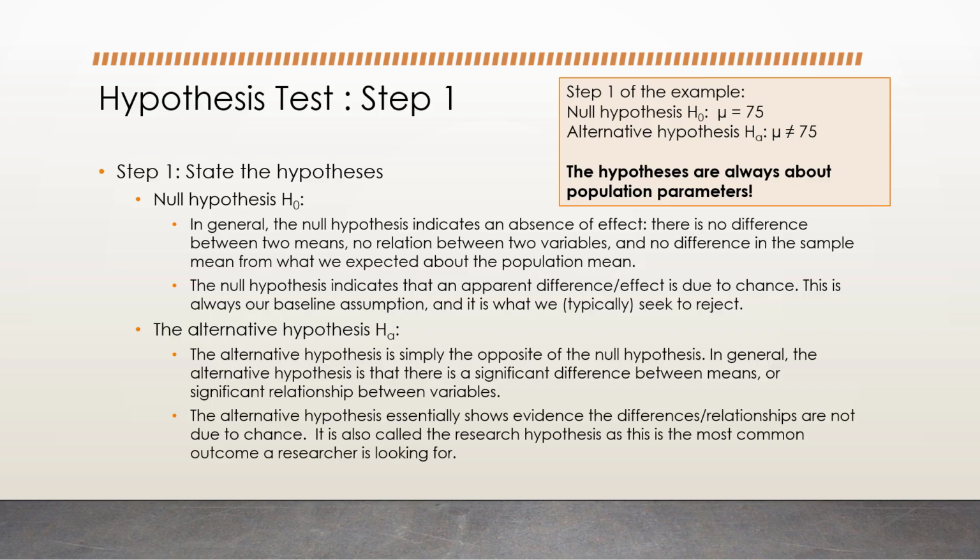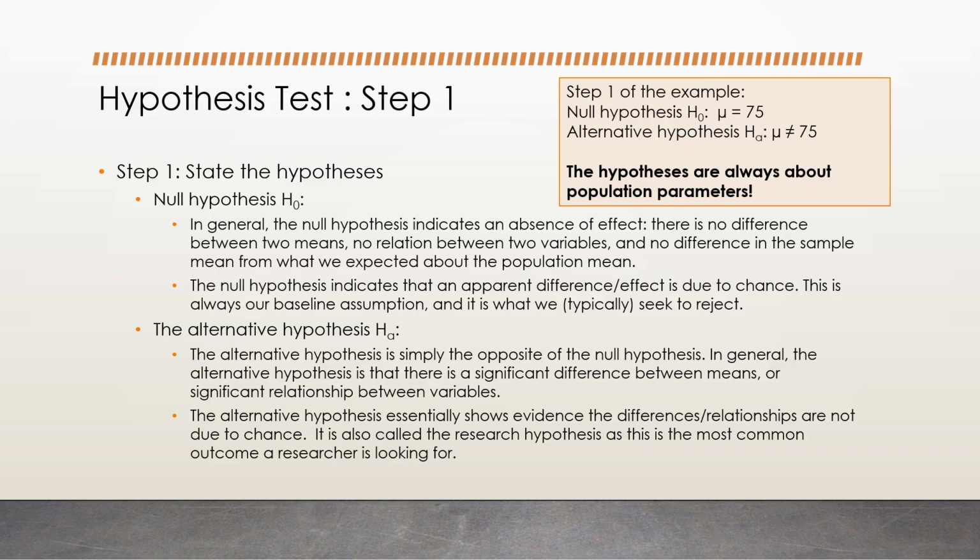The alternative hypothesis, HA, is the opposite of the null. In general, the alternative hypothesis states that there is a significant difference between means or a significant relationship between variables. Essentially, it indicates that the observed differences or relationships are not due to chance.